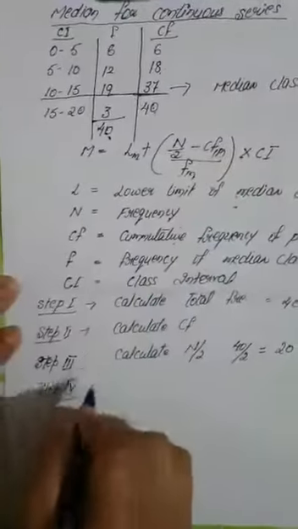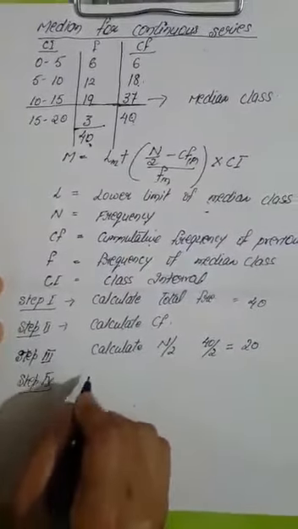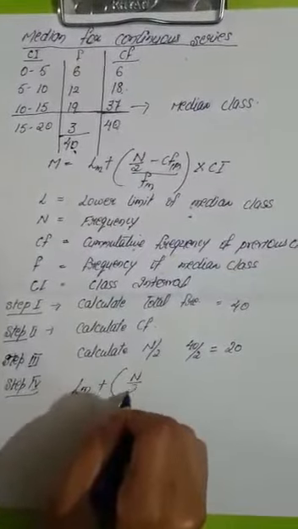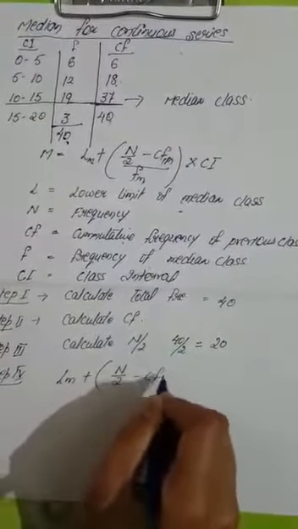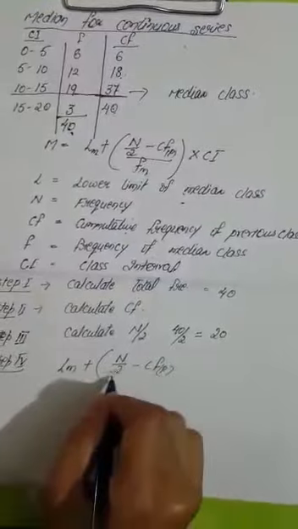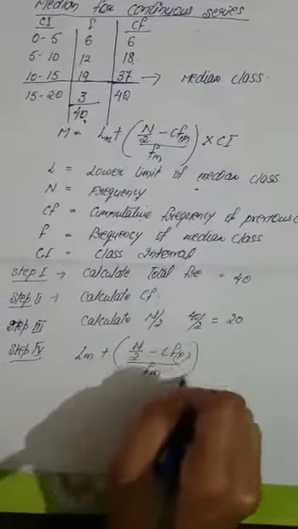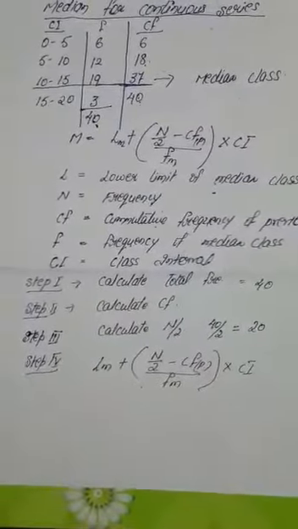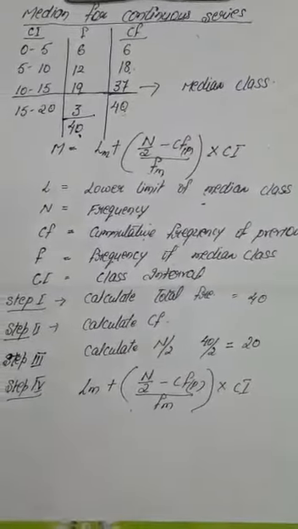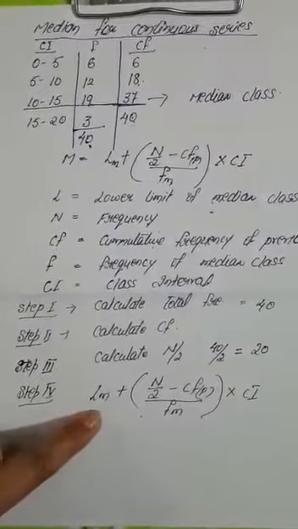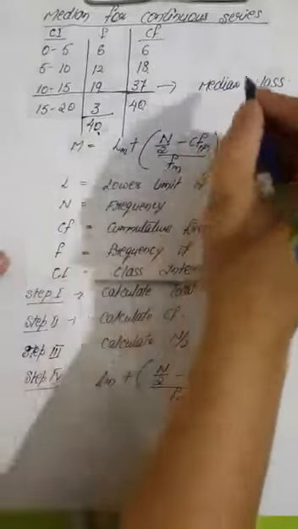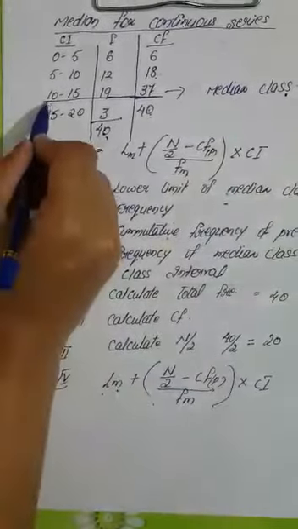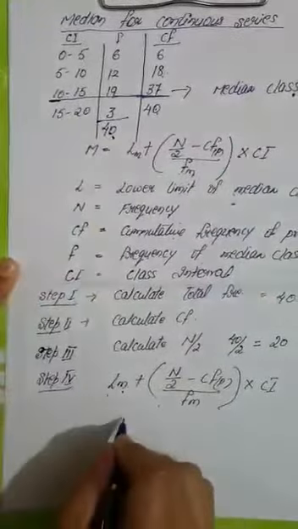Now you have to go for the formula. Again I am going to write it: L plus n by 2 minus cumulative frequency of the previous class, divided by f, into class interval. Now see, which is the lower limit of the median class? Now you are clear which is our median class, so 10 is the lower limit.